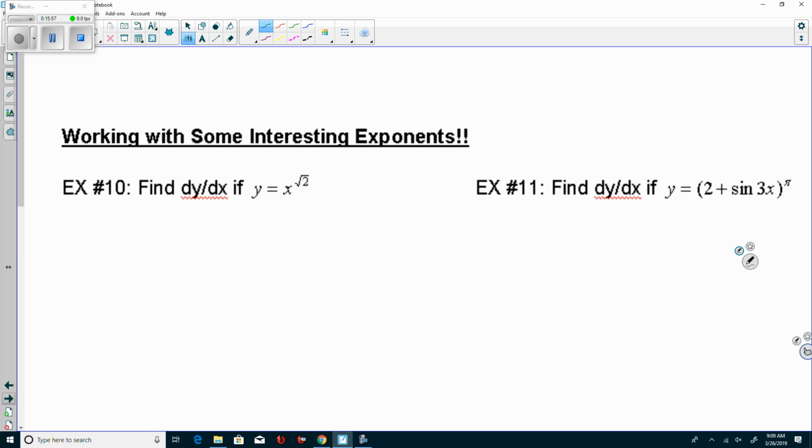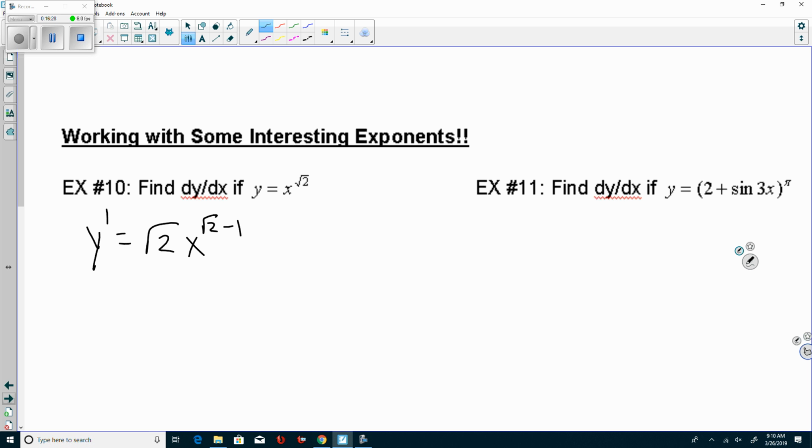Power rule means that the root 2 comes down, and you have an x raised to a new power. What is the rule to find the new power? Subtract 1. Root 2 minus 1. That's it. Just looks weird. It's the same thing as having any sort of number, any whole number that we've already dealt with, or a positive, negative, whatever.